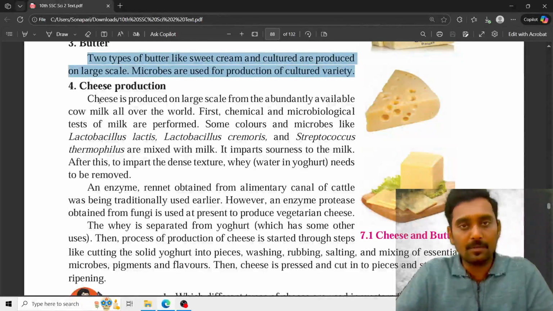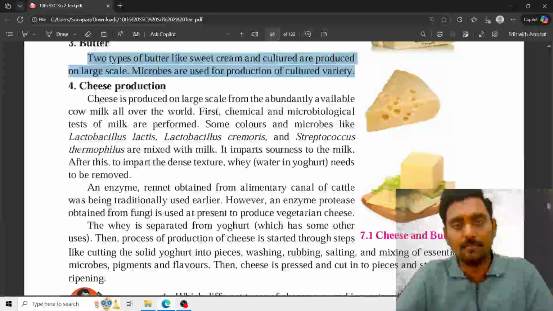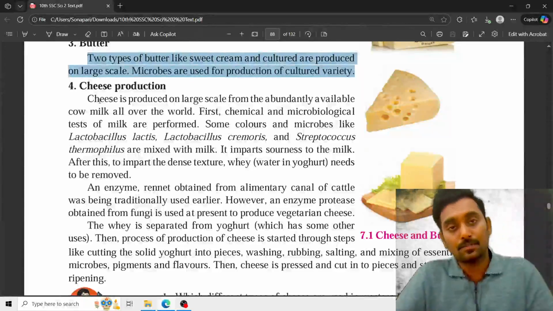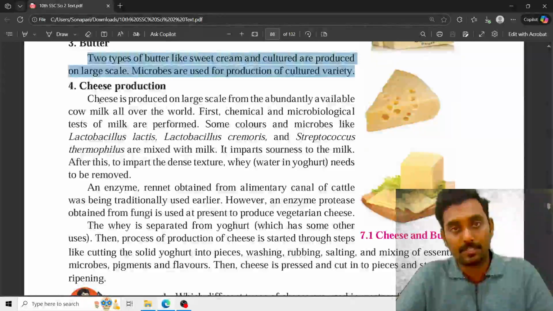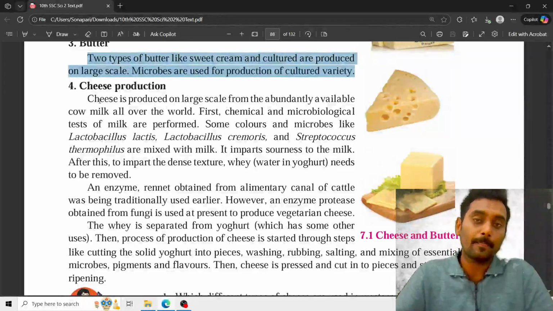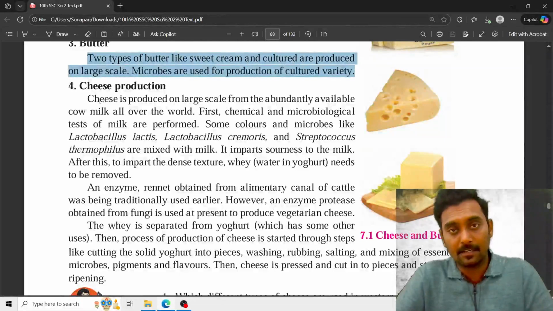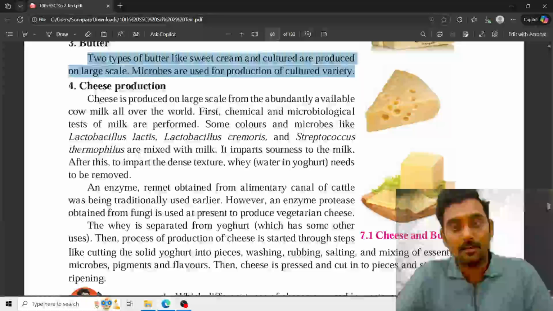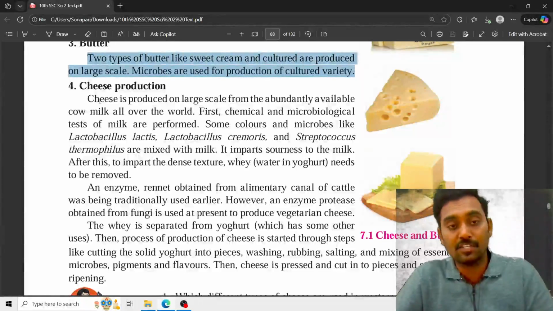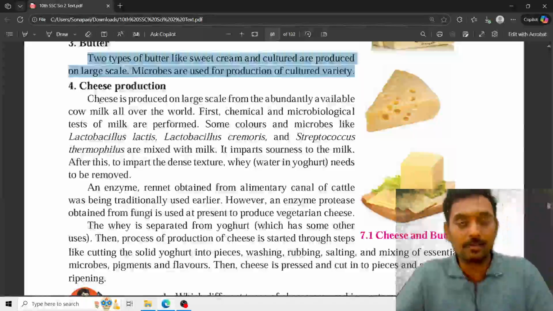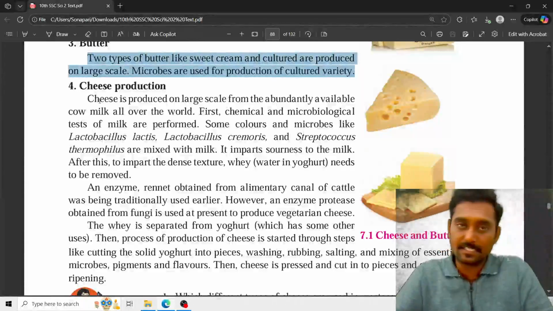If the cow is suffering from any disease, the milk can be defective, due to which low quality cheese can be made, or during fermentation harmful microbes may attack, and the cheese becomes poisonous to our health. So microbiological tests are conducted, and they are very essential.